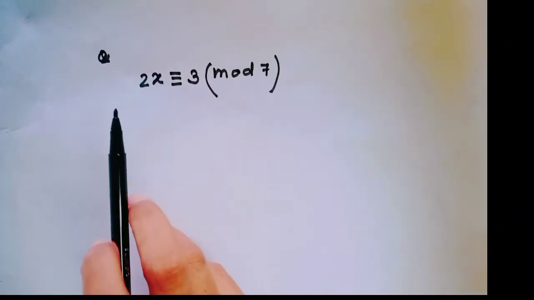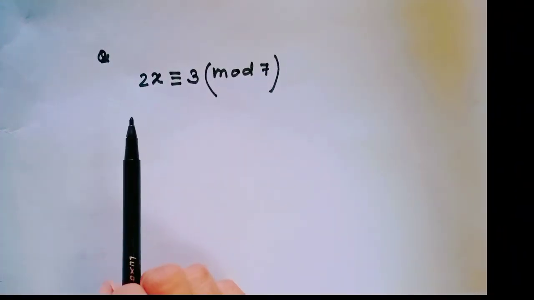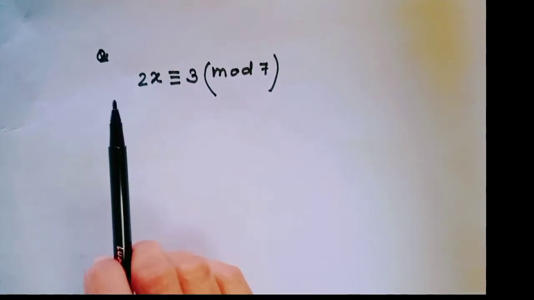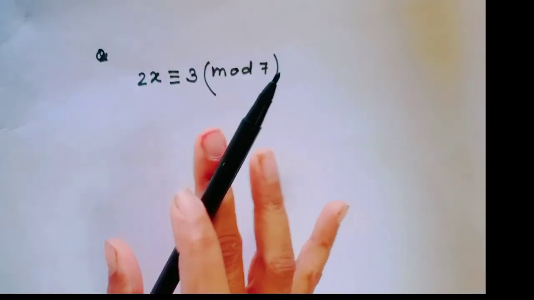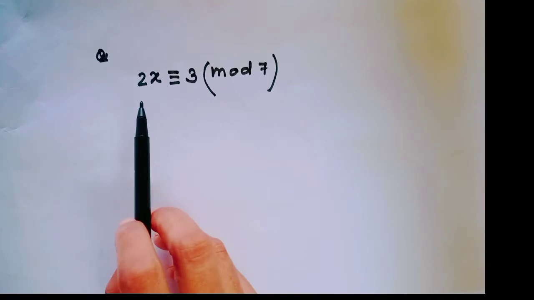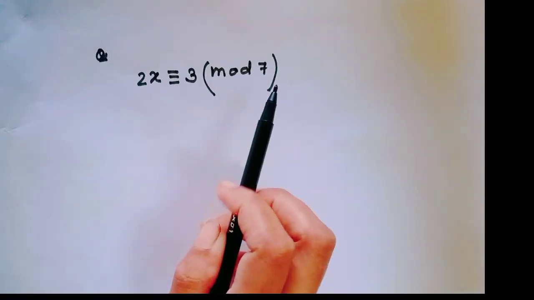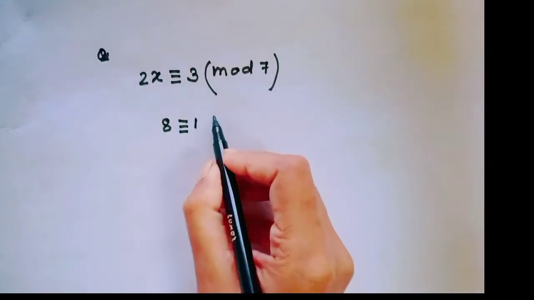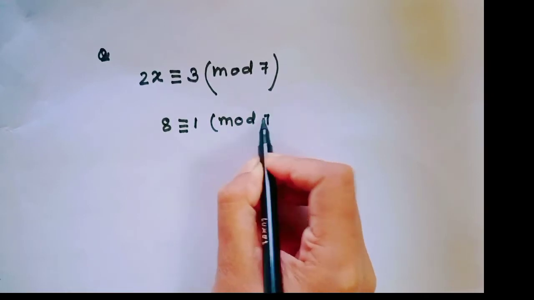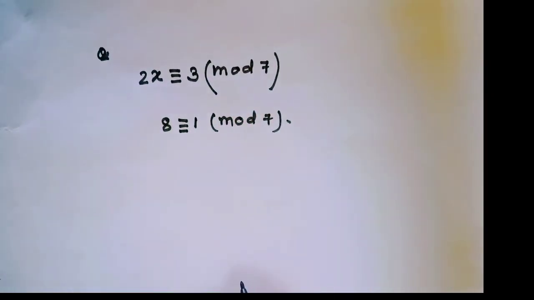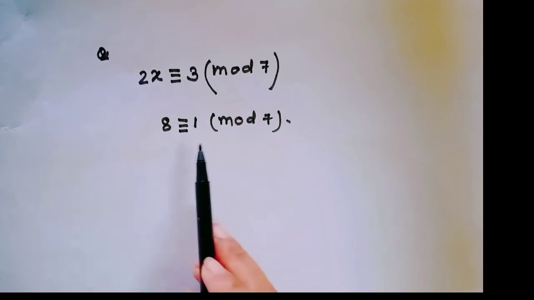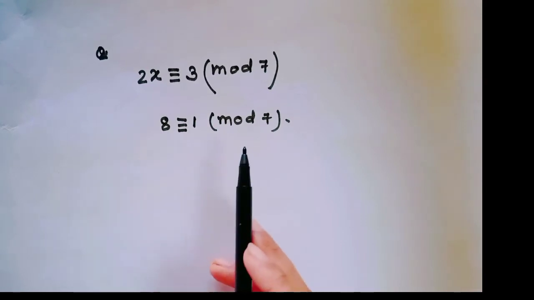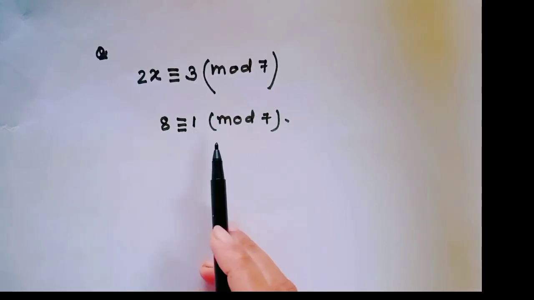Right. Now let's see the solution of a linear congruence. It can have one solution, two solutions, no solution, or many solutions. Okay, let's see one example: 2x ≡ 3 (mod 7). We all know 8 ≡ 1 (mod 7), because the remainder when 8 is divided by 7 is 1.